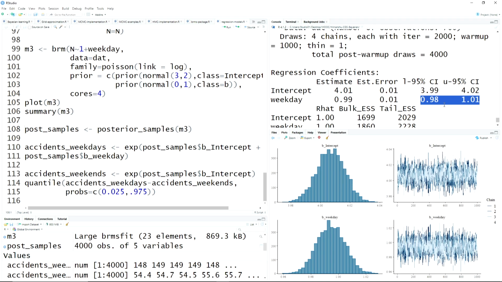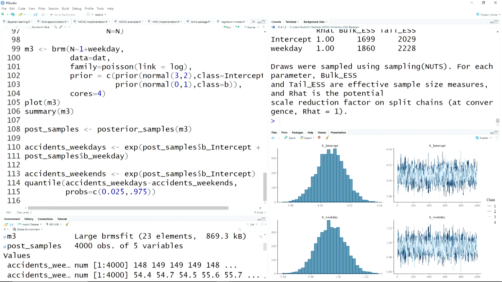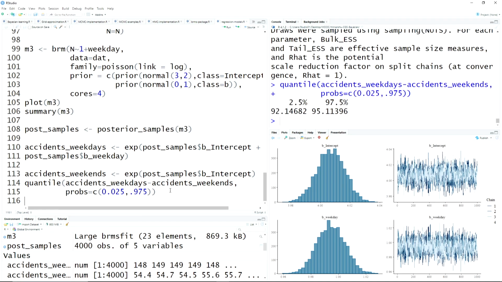Basically it's 0.98 to 1.01. How would you interpret how much the difference is between weekend and weekdays? Because it's on the log scale, it's less interpretable. But this particular value is pretty much interpretable. This much is the difference between weekdays and weekends in terms of the number of road accidents, or the underlying rate of road accidents.